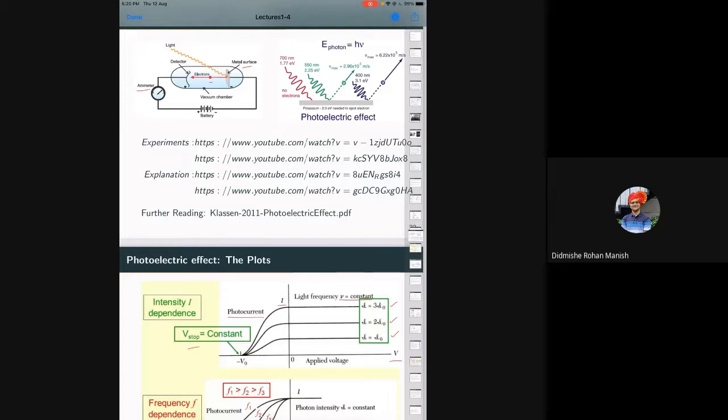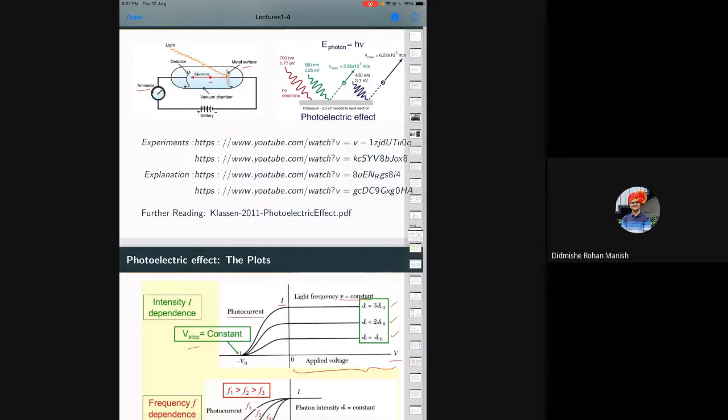But when you make the detector more and more negative, then it will eventually stop collecting the electrons, because it repels them.